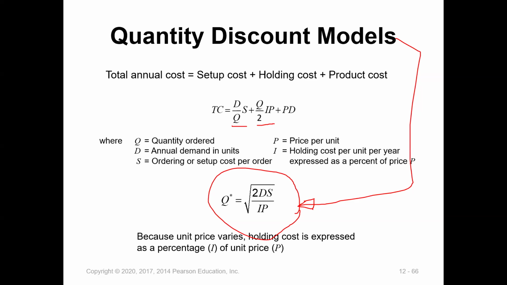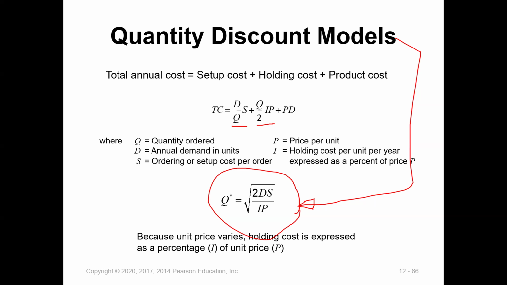Okay. So we know the 2DS, right? In the beginning for the first model, the EOQ, we said Q star is equal to the square root of 2DS over H. Then we said for the production model, it is equal to 2DS divided by 1 minus D over P times H. Now we have I as holding cost per unit per year involved because the unit price varies.